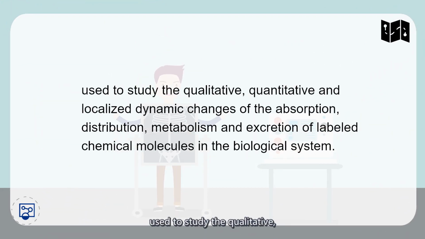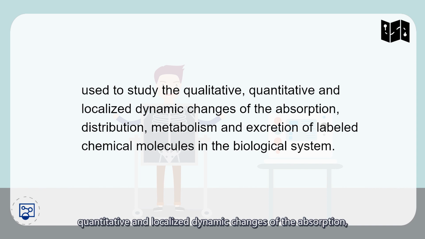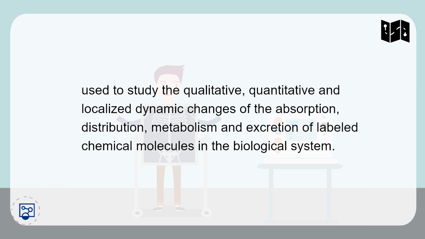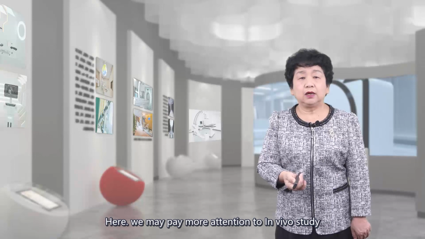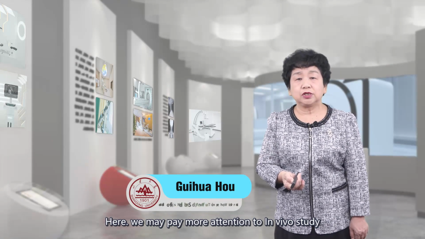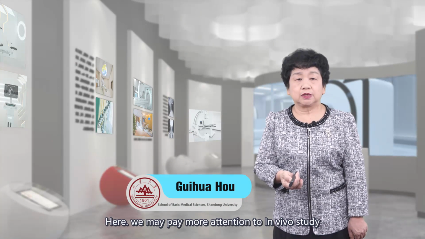They are used to study the qualitative, quantitative, and localized dynamic change of the absorption, distribution, metabolism, and excretion of labeled chemical molecules within the biological system. In vivo tracing techniques are used on dynamic analysis. Here, we may pay more attention to in vivo study.